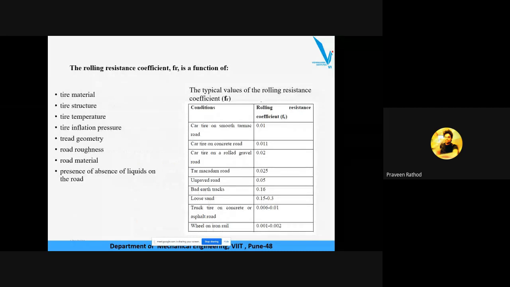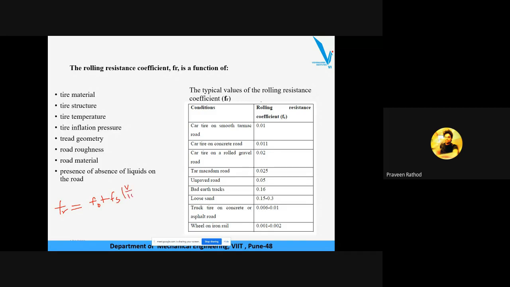So how are we going to calculate it when we consider the passenger car? One formula we are going to use, I'm going to write down that formula. FR is equal to F naught plus Fs final into V divided by 100.